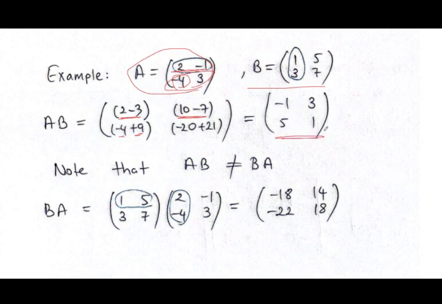Now, we should note that A times B is not equal to B times A. We can see that there is no such property by considering B times A. If you multiply B and A, you are going to get a completely different result.